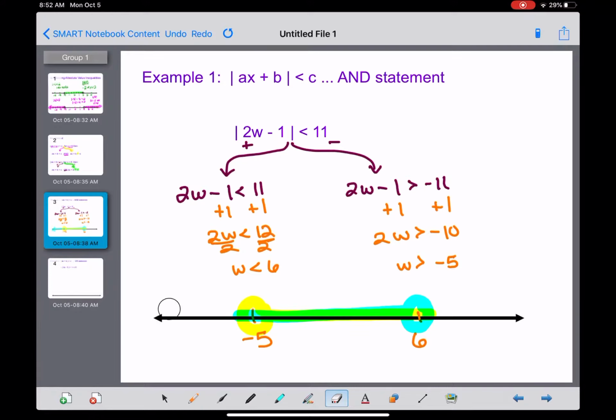Just know that it is in between the two values. So I like to rewrite my statement as an and statement. So negative 5 is less than w, which is less than 6, meaning that w's solutions are in the middle of negative 5 and 6.